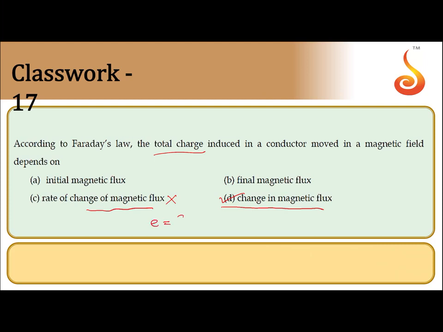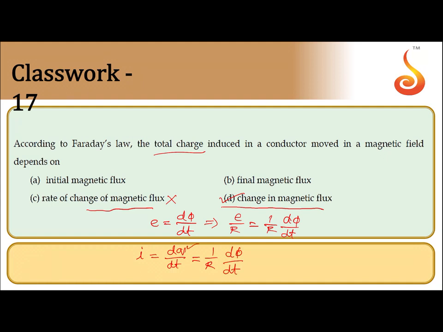See, E is equal to d phi by dt. This is induced EMF. So, this implies E by R is equal to 1 by R into d phi by dt. This is induced current. So, induced current is E by R. Induced current can be written as dq by dt, that is equal to 1 by R into d phi by dt.